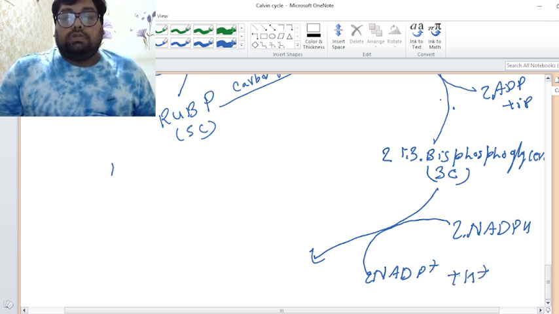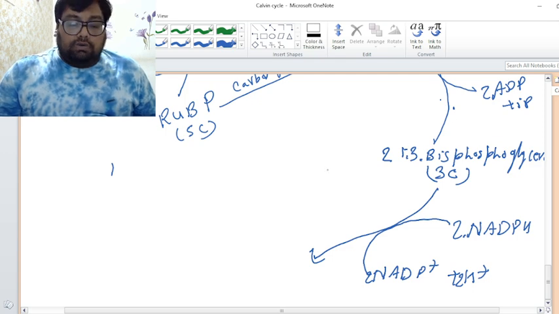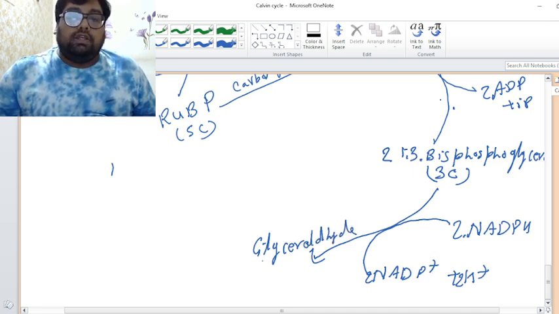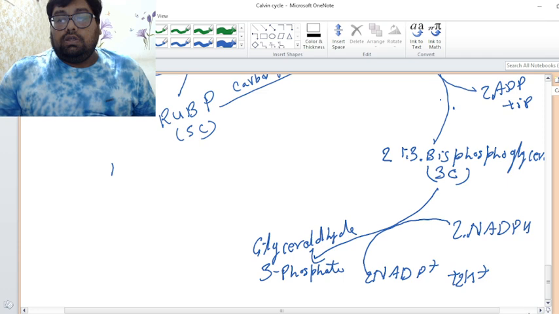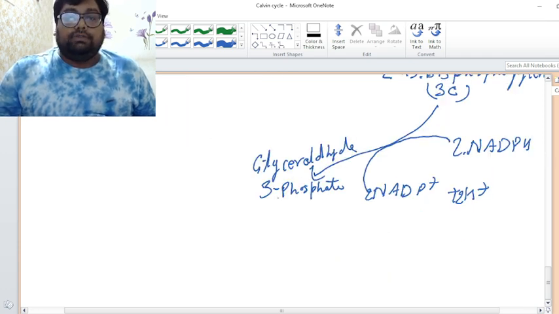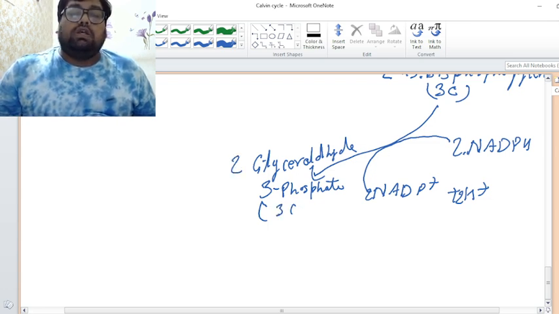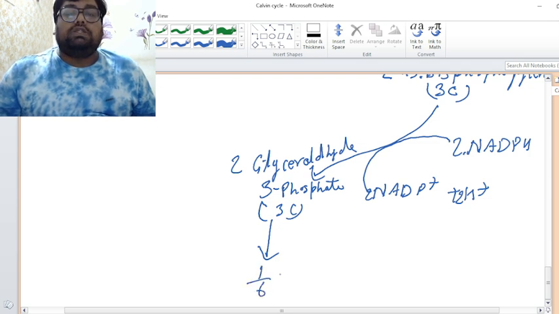So 1,3-bisphosphoglycerate is converted into glyceraldehyde 3-phosphate. Glyceraldehyde 3-phosphate contains 3 carbons, and 2 molecules of glyceraldehyde 3-phosphate are formed.